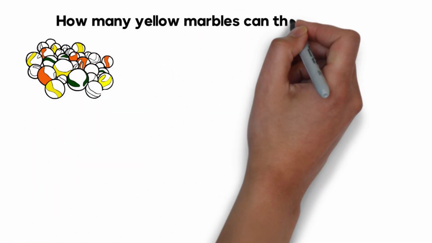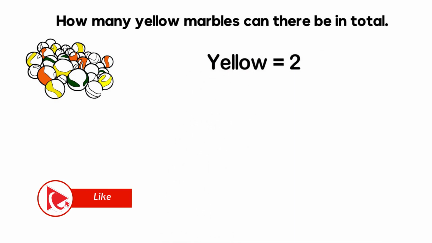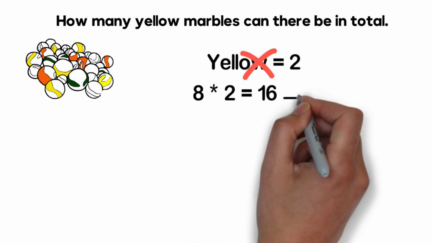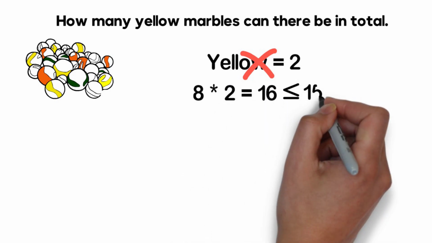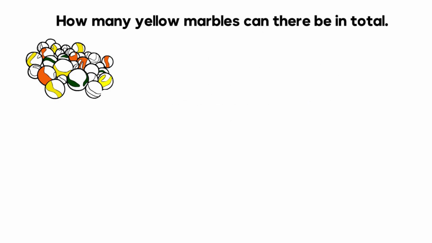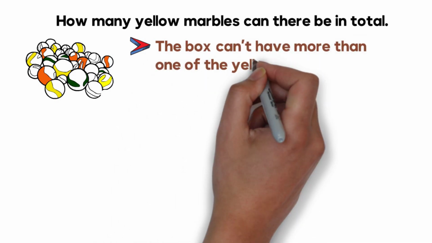So the question is, how many yellow marbles can there be in total? Can there be 2 yellow marbles? No, because if we multiply 8 by 2, we get a total of 16 marbles, which is greater than 15, the current total number of marbles. Based on this information, the box cannot have more than 1 yellow marble.